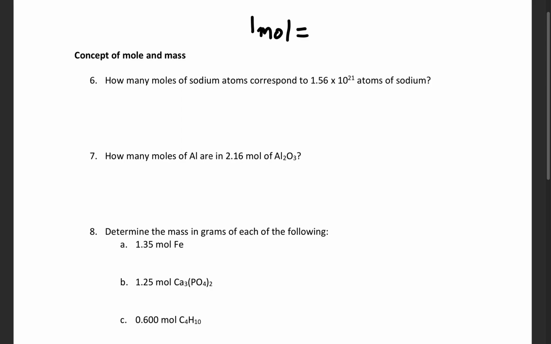If you get a case of water, there's going to be 24 bottles of water. Whatever. A mole is the same thing, but if you notice, the smaller things get, the bigger the number gets.